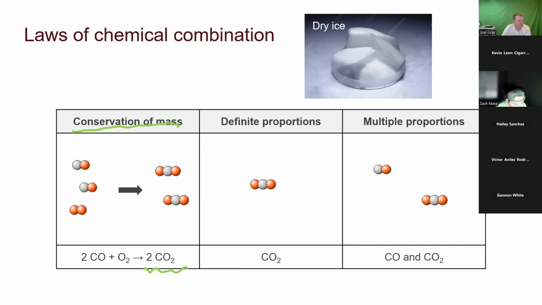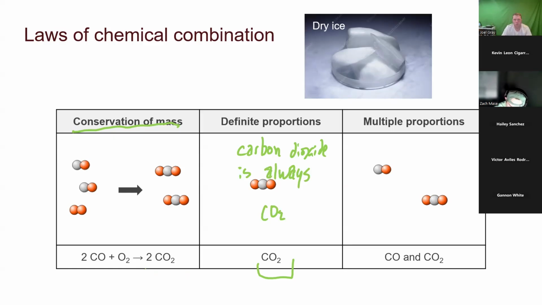The law of definite proportions says that carbon dioxide will be produced, and carbon and oxygen will form in this particular ratio. Carbon dioxide is always CO2.